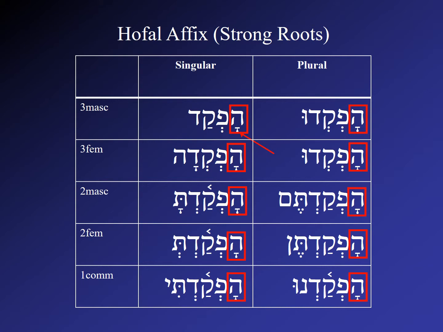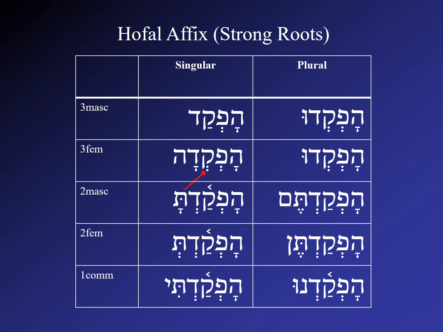However, instead of an E-class vowel in the Hifil, we have an O-class vowel for the Hofal. So Ho all the way down. This is the clear indicator of the Hofal. Notice also that we have an A-class vowel in the Hofal. So we have Hifil with an E-class vowel, but Hofal with an A-class vowel.